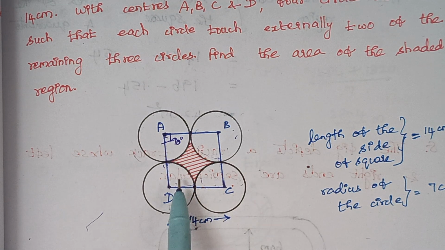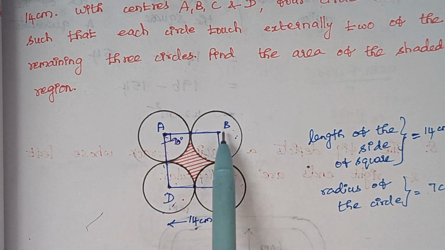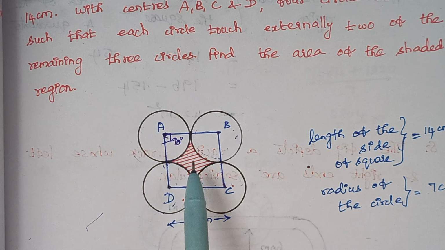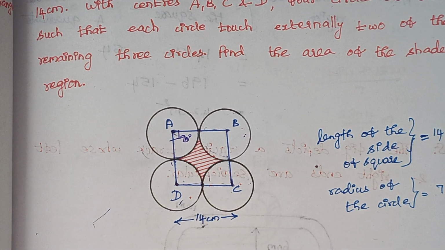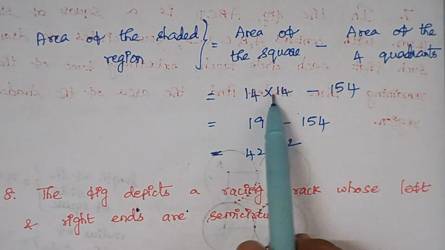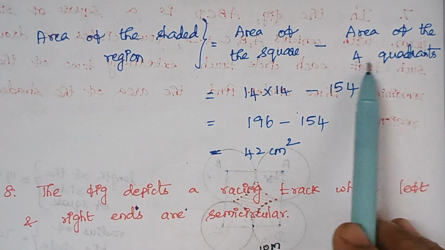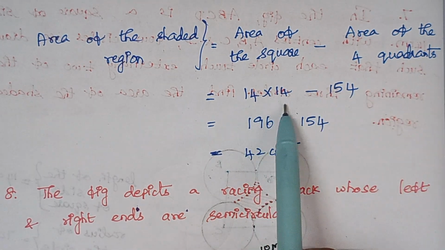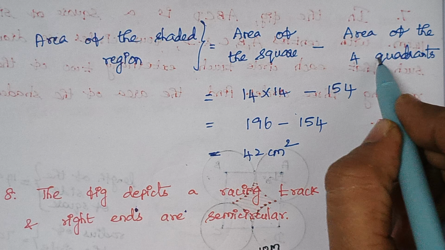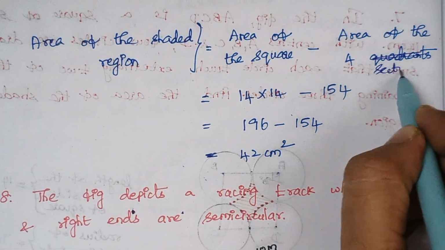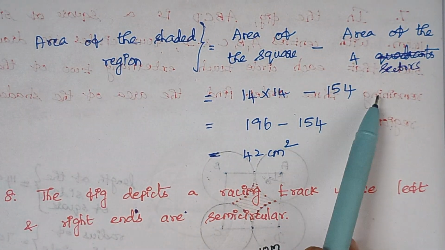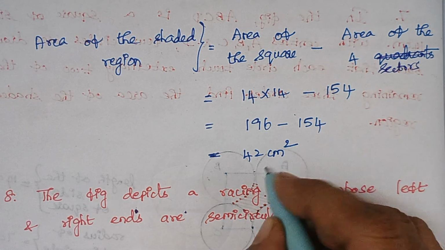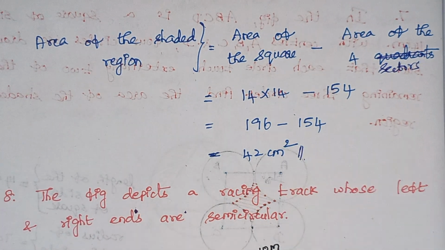When you subtract the area of the sectors from the square, we can find the area of the shaded region. Therefore, area of the square minus area of the four quadrants or four sectors. So 14 into 14 minus 154, which gives the answer as 42 centimeters square.